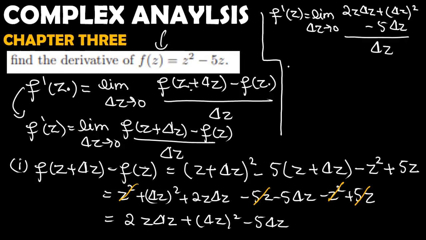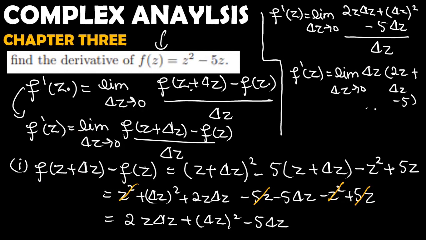You can see that we can take delta z common from all the terms above. So it becomes delta z times 2z plus delta z minus 5, divided by delta z. Now again we cancel delta z up and down.